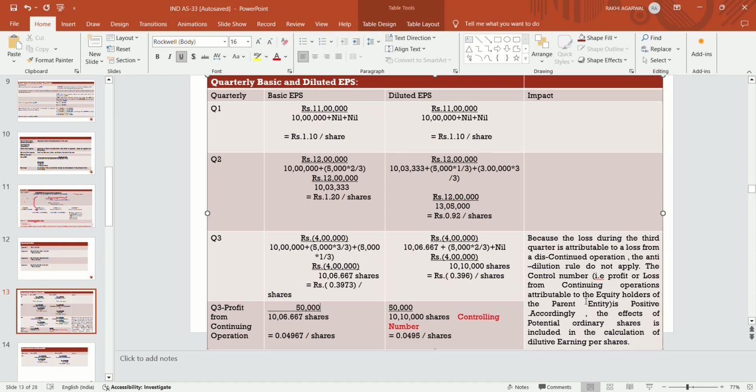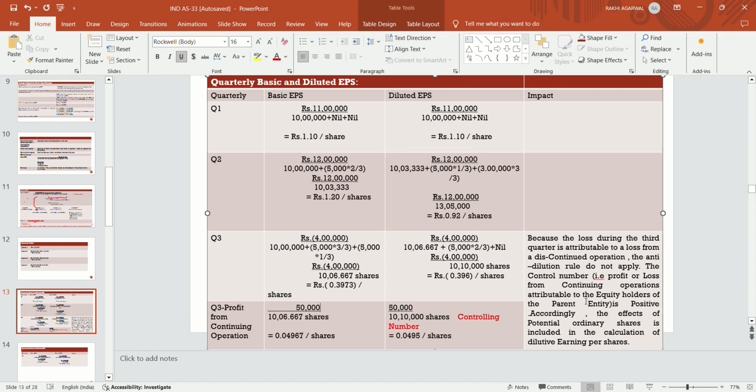So because the loss during the third quarter is attributable to the loss from discontinued operation, the anti-dilution rule does not apply. The controlling number, that is the profit or loss from continuing operation attributable to the equity holder of the parent, is positive.